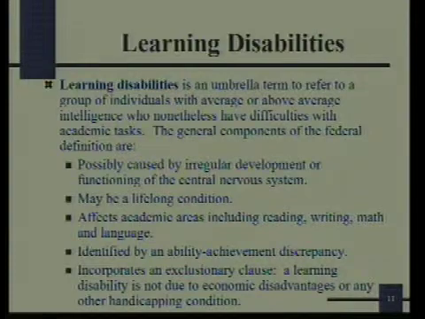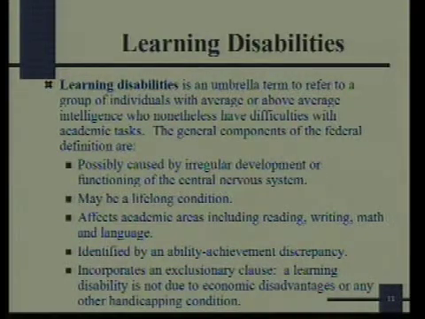So, learning disabilities has an exclusionary clause. And this is the kicker right here. A learning disability is an aptitude achievement discrepancy that can't be explained by anything else that we know of, so it must be a learning disability.